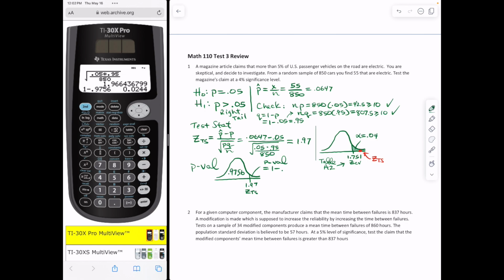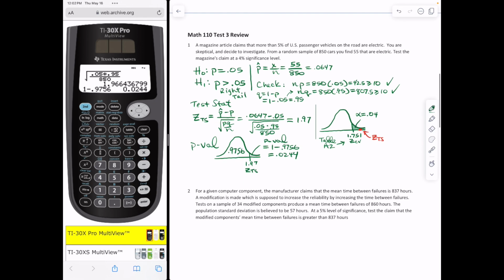So 1 minus 0.9756 is 0.0244. Okay, so the p-value is 0.02. And 0.02 is definitely less than alpha, which was 0.04.